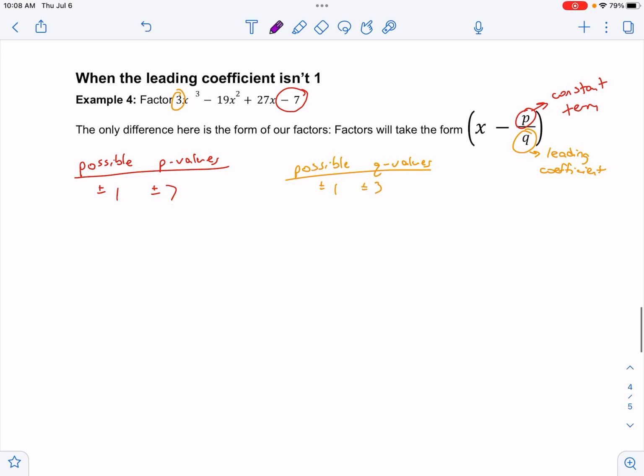Okay? So we know that Q could be 4 different things. 1, 3, -1, -3. And it could have 4 possible numerators. 1, 7, -1, -7. So there's going to be a lot of combinations here. Literally, I'm just going to list them all out. Okay? It could be, let's start with denominators. I said there's 4 of each.